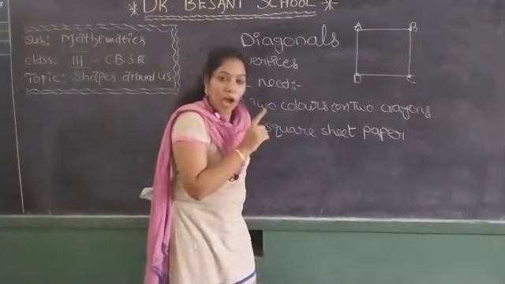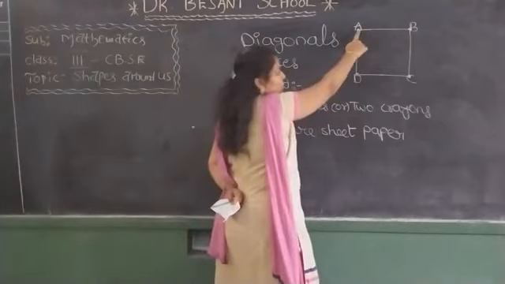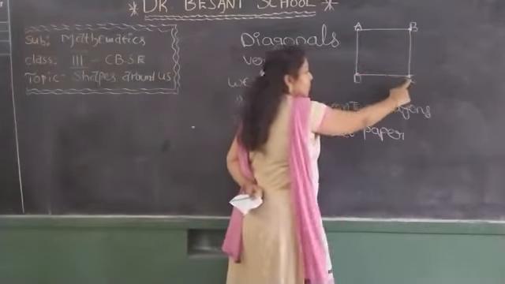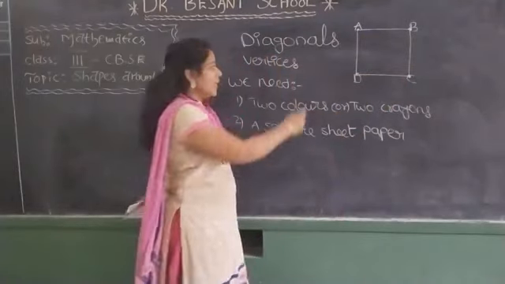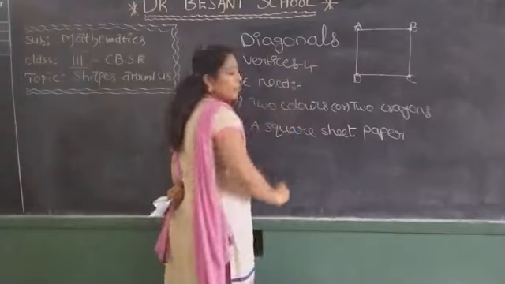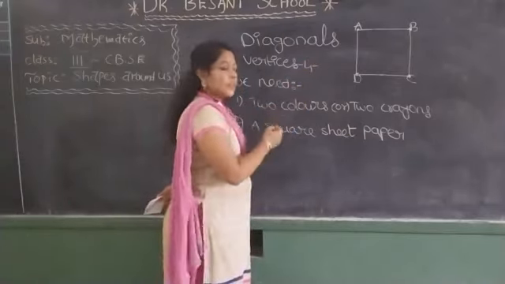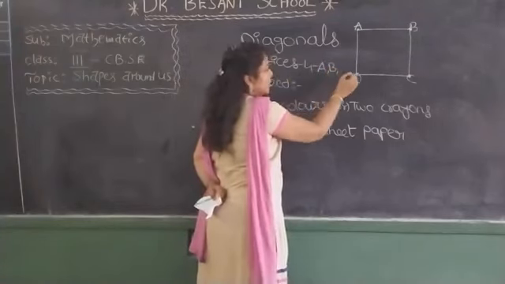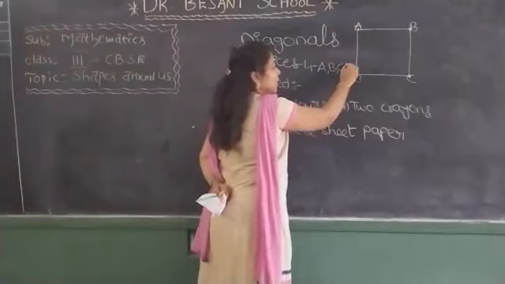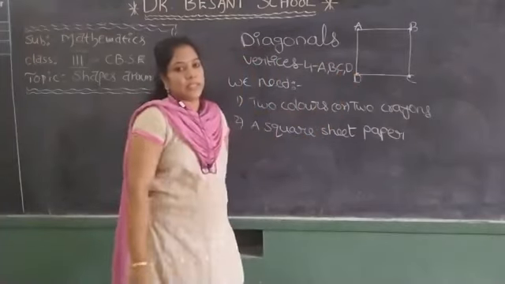Count: 1, 2, 3 and 4. Four vertices are there in that square. What are the names of those vertices? Good children. A, B, C, D. These are the names of the vertices.